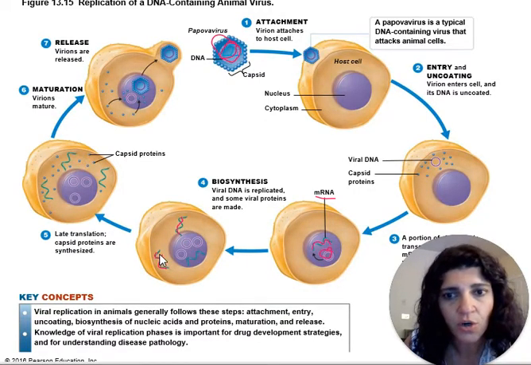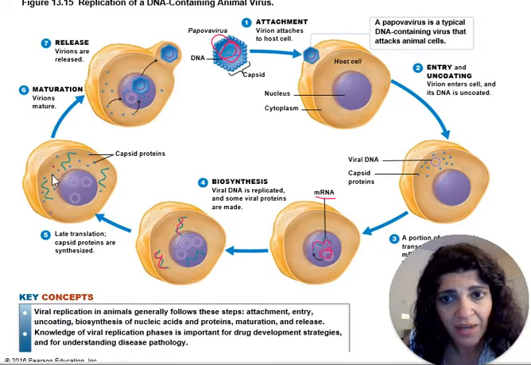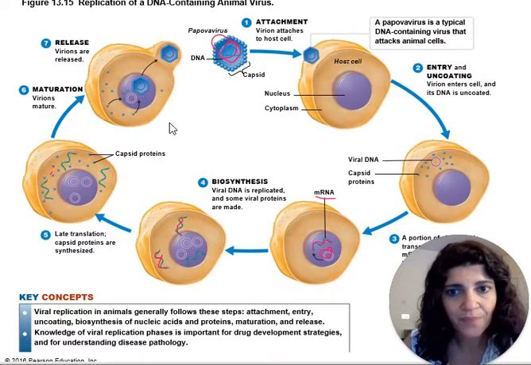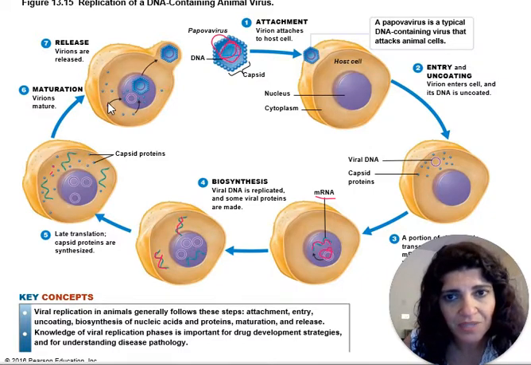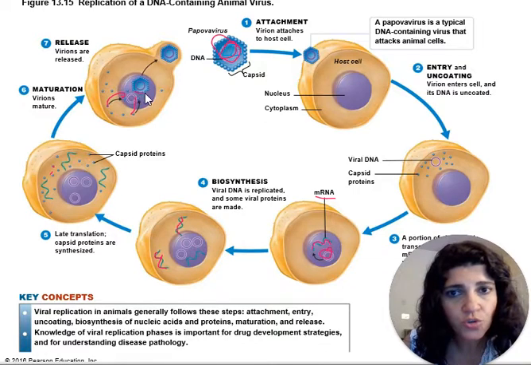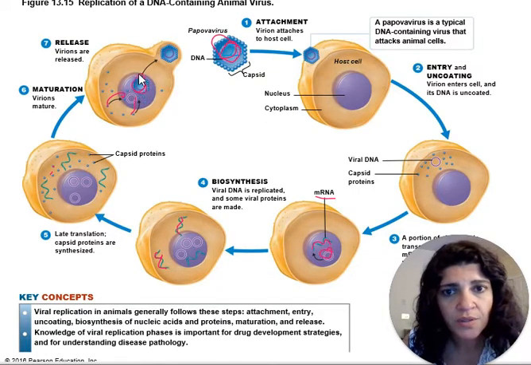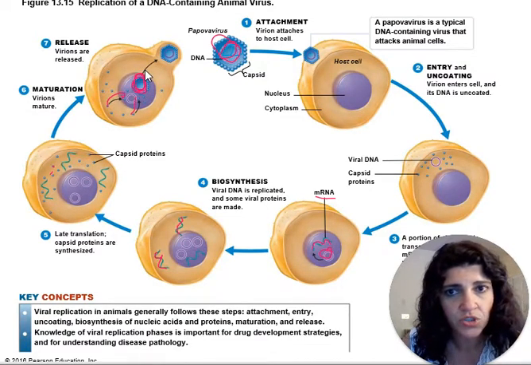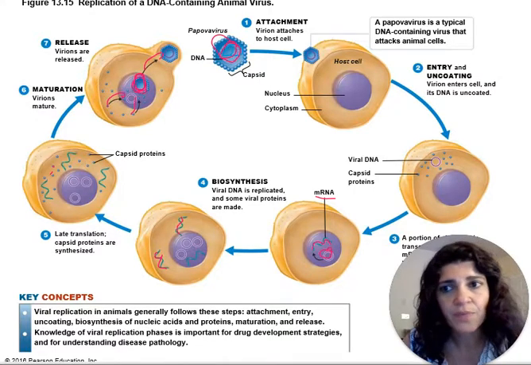These molecules are going to be important because they're the template for translating the proteins that are going to make the capsid of this virus. Then capsid proteins go back to the nucleus, you see, to assemble the virus inside the nucleus because that's where the DNA is. Once assembly is ready, maturation is finished, you have the release.